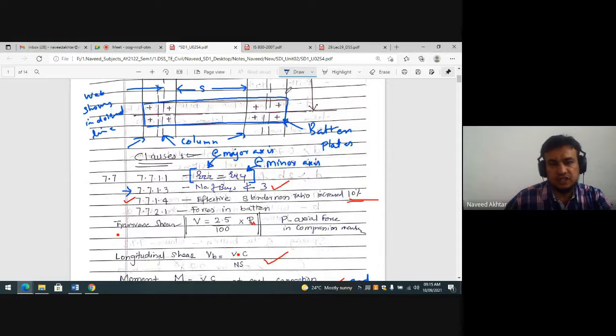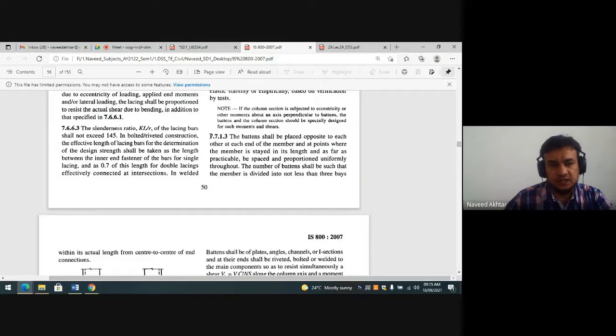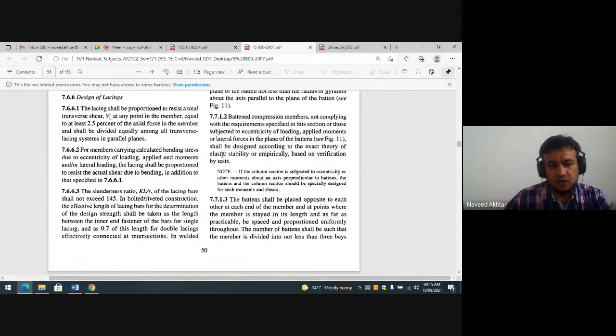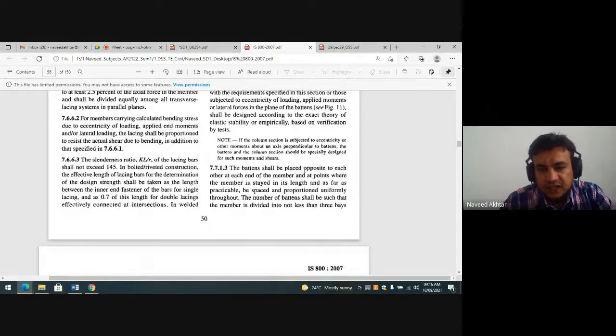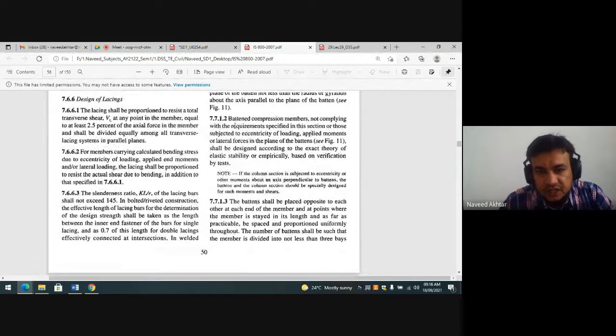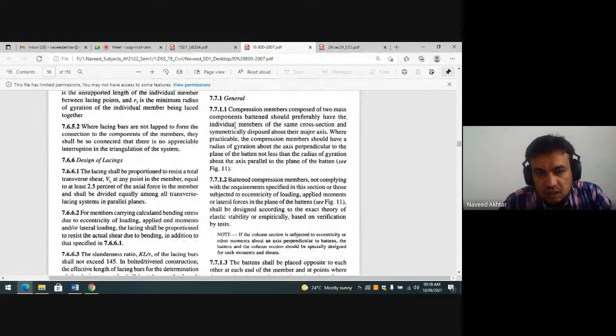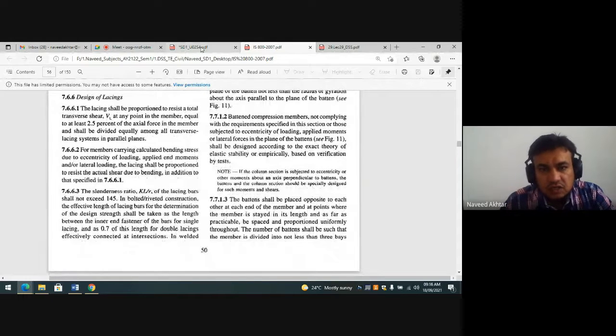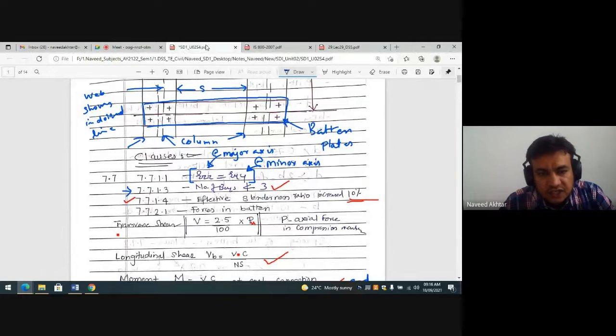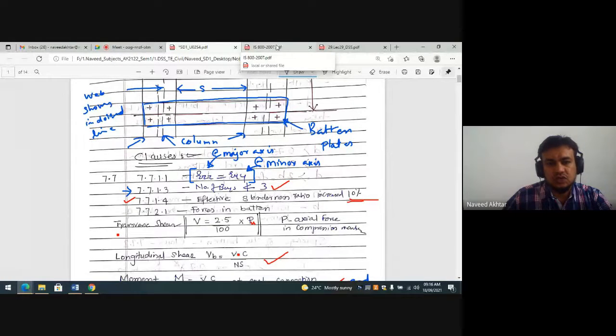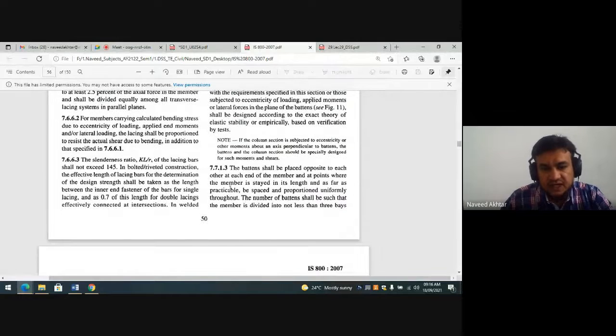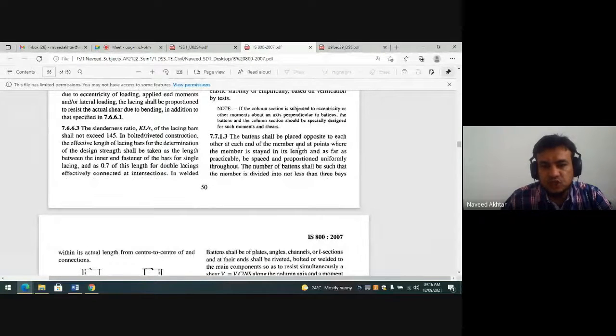Now the clause in the IS code, 7.1.3: the battens shall be placed opposite to each other at each end of the member and at points where the member is stayed in its length, and as far as practicable be spaced and proportioned uniformly throughout.